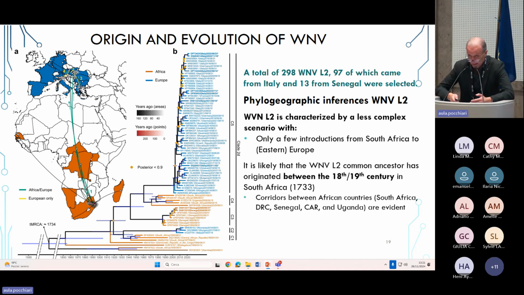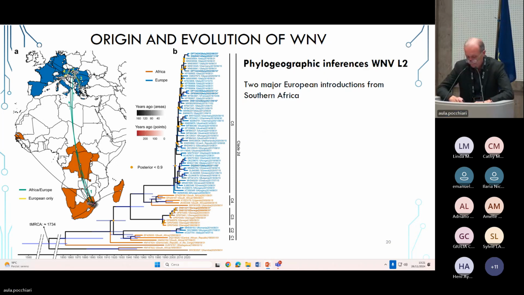It is likely that the common ancestor of lineage 2 originated between the 18th and 19th century in Southern Africa, around 1773. And there is one corridor joining South Africa to Eastern Europe through South Africa, Republic of Congo, Senegal, Central African Republic, and Uganda.